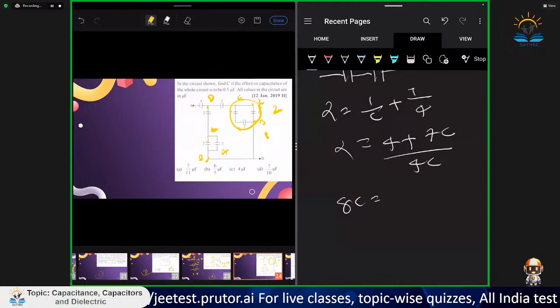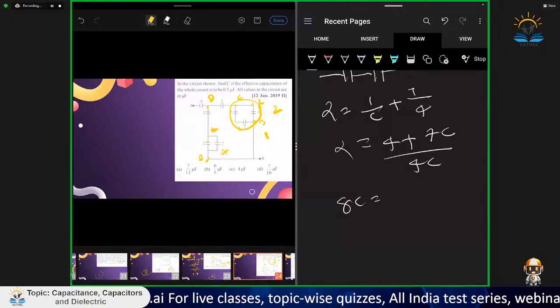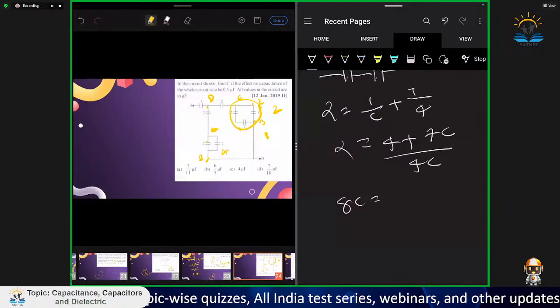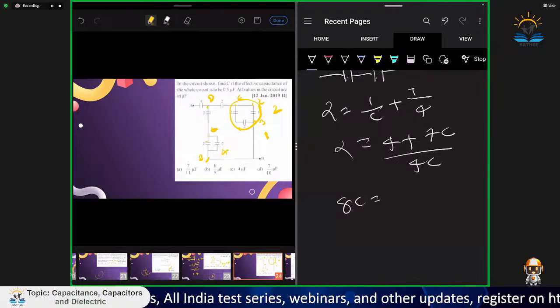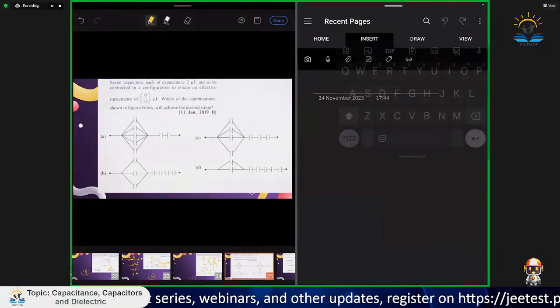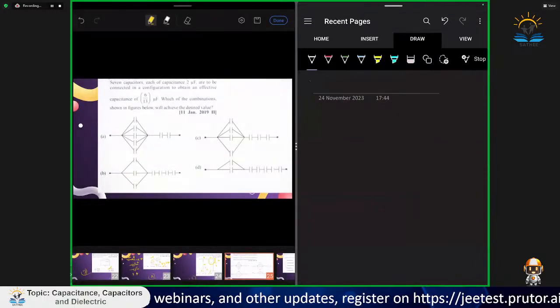That is 8C equal to... C is the right answer. This is again a very simple question. Yeah, the question is very lengthy, but the concept is very simple.